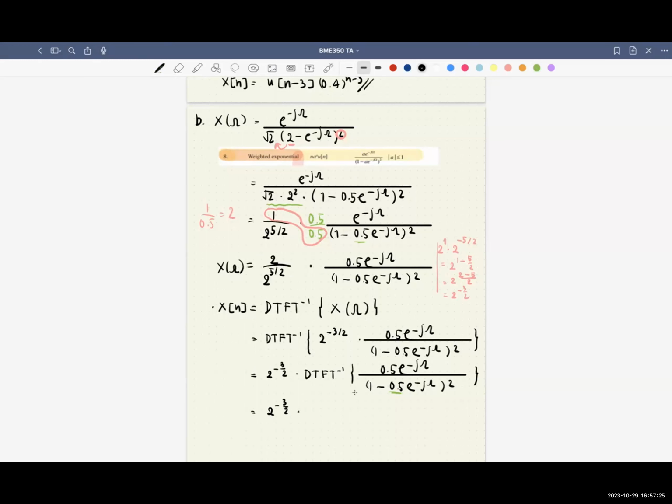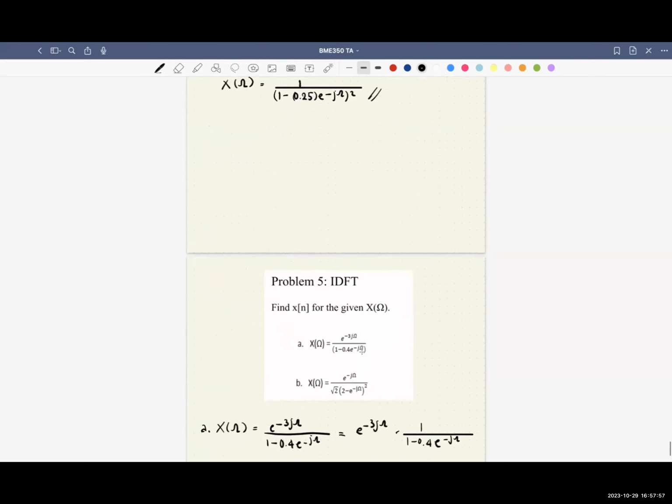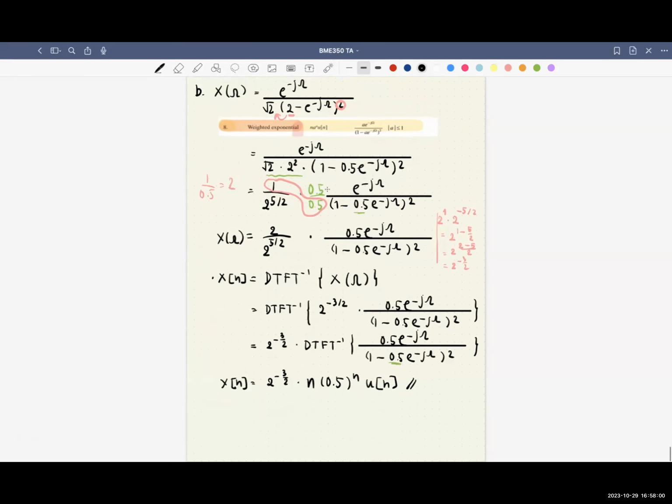After we apply this inverse Fourier transform, we'll get n times 0.5 to the power of n times u[n]. And that is our answer. Cool. And there's one more question on 5C. I didn't put it here, but you can try that to see and test yourself if you can do it. And that would be it for my part.